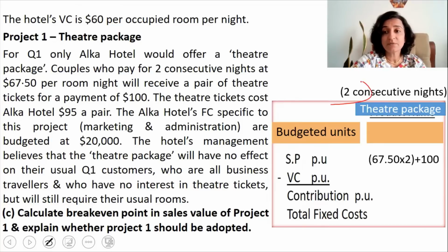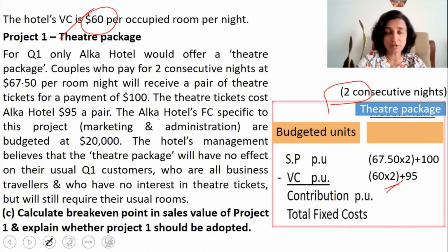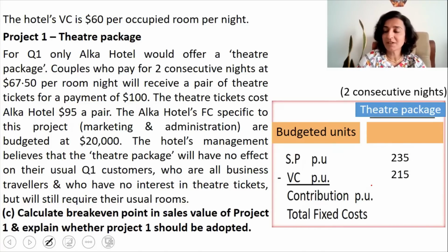Please remember that it is for 2 consecutive nights. So the variable cost will be $60 multiplied by 2 because it's for 2 consecutive nights, plus $95, which is the cost of the theater ticket. So solving these figures, we get the selling price as $235 and variable cost per unit as $215. So the contribution comes to $235 minus $215, that is $20 per unit.